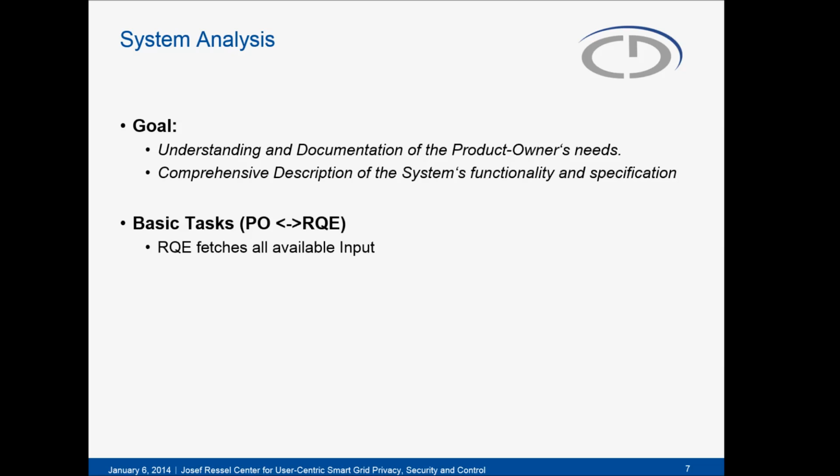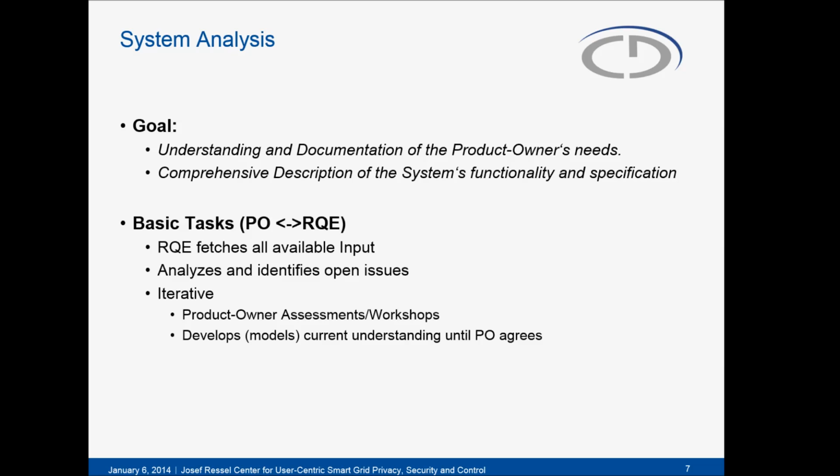So first, the requirements engineer fetches all available input about the system and the system context that is to be built. This input is analyzed and we try to identify open issues we want to clarify with the product owner.